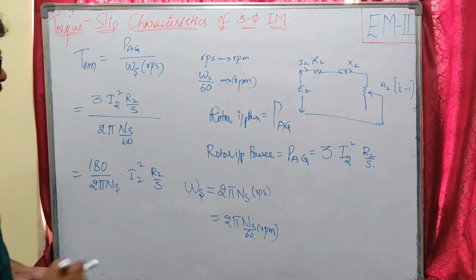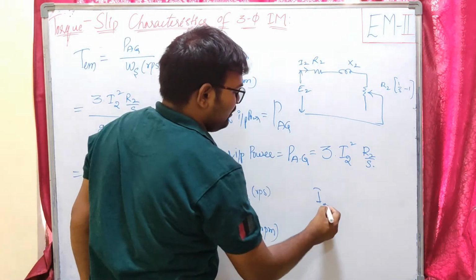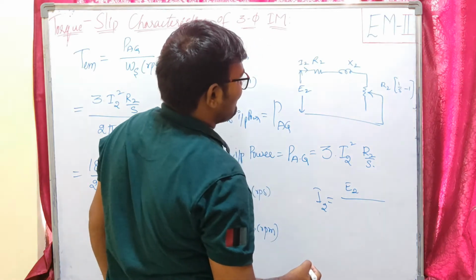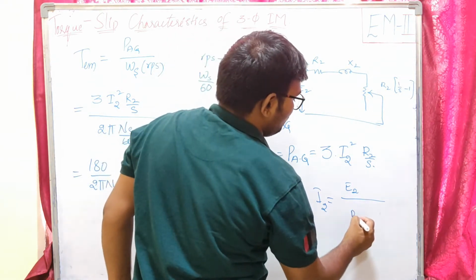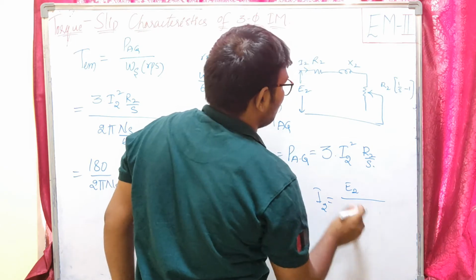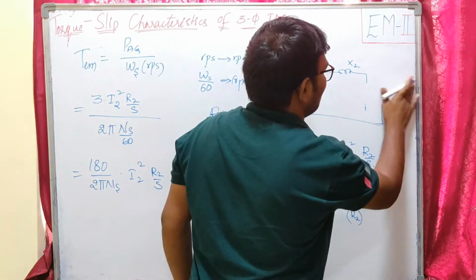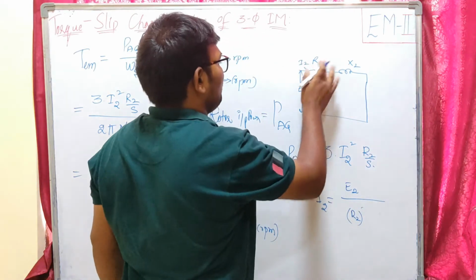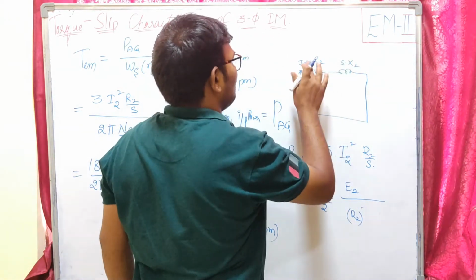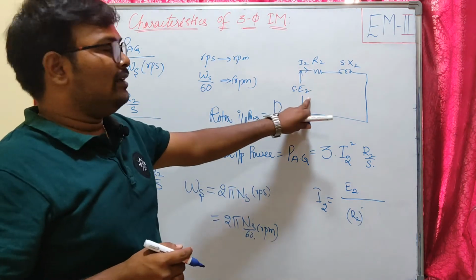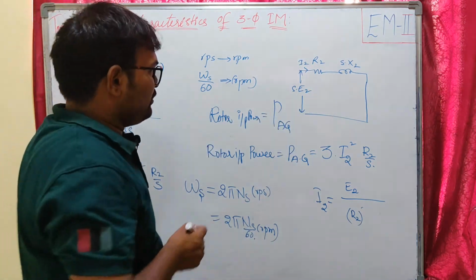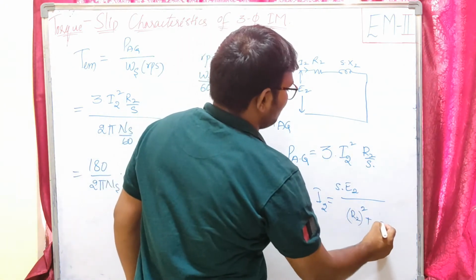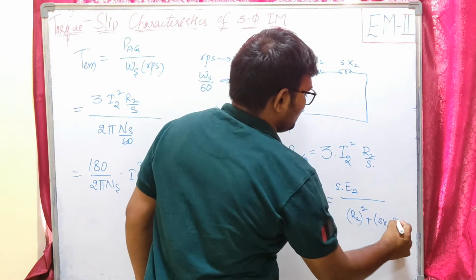Here we have the expression for I2 from the actual rotor equivalent circuit. That means I2 equals S times E2 by the square root of R2 square plus SX2 whole square.